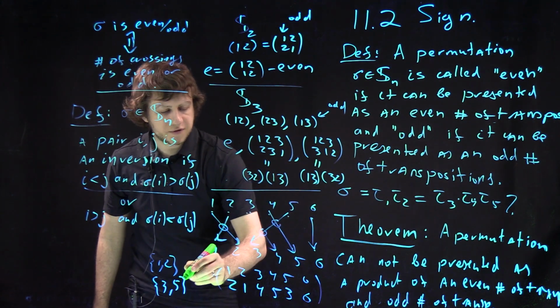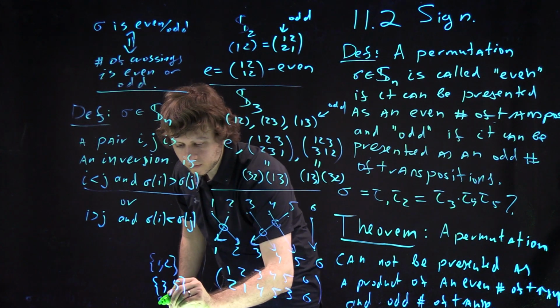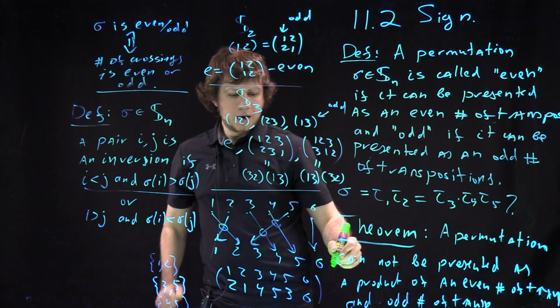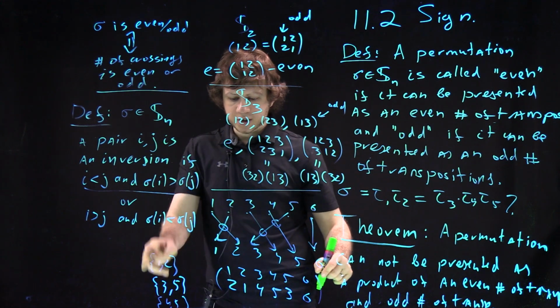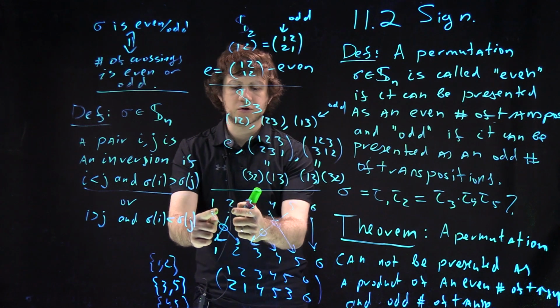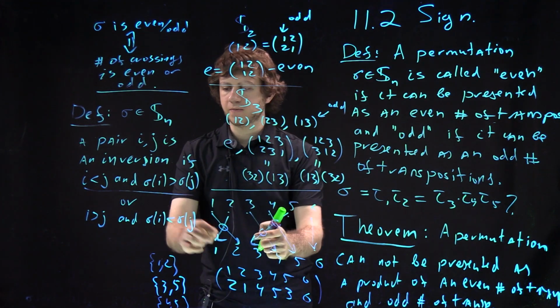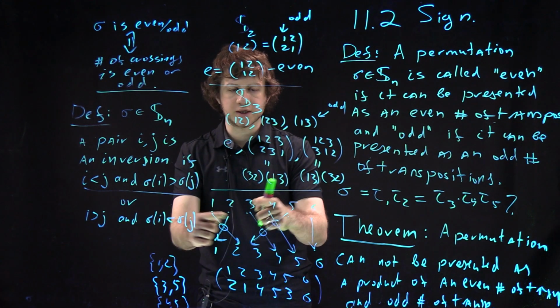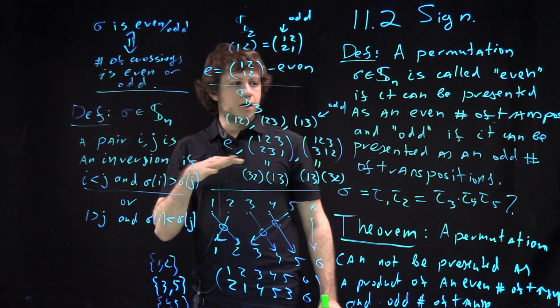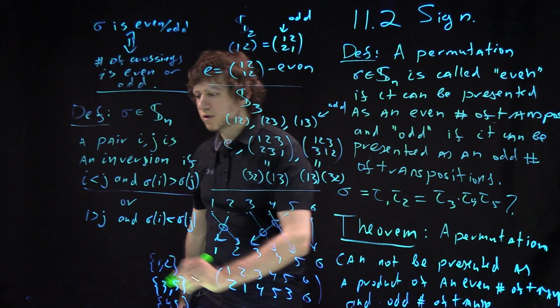And 4, 5 is also an inversion. And that's it. And actually, the number of crossings is equal to the number of inversions. That's just because two arrows are not crossing when you don't have an inversion and are crossing if you have an inversion. And so now I will define, so definition.